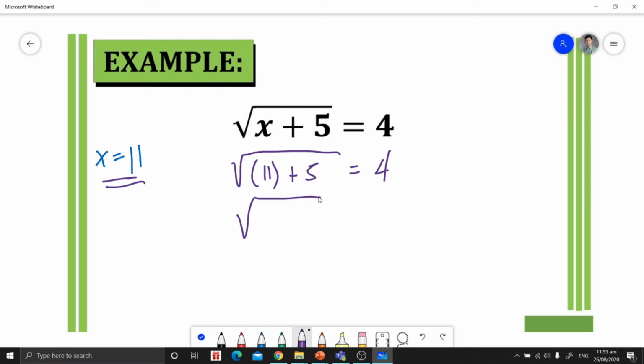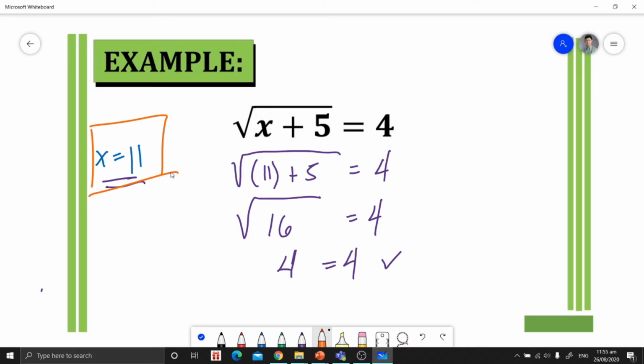We will have the square root of 16, which is equal to 4, and then 4 is equal to 4, so it satisfies our equation. Therefore, we can conclude that x is equal to 11.